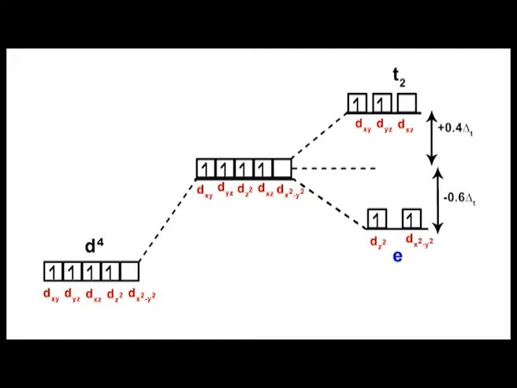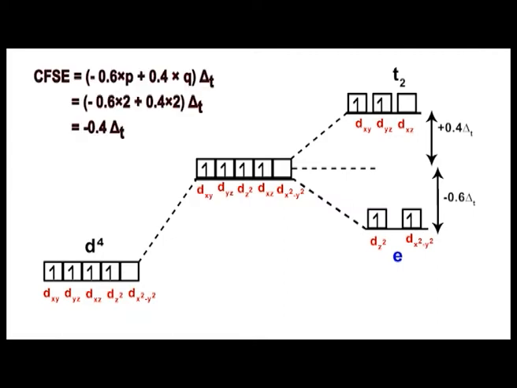It is obtained that two electrons are filled in the E set of orbitals, each of which is stabilized by 0.6 delta T, and two electrons will be filled in the T2 set of orbitals, each of which is destabilized by plus 0.4 delta T. So, according to the formula we have discussed earlier, CFSE should be equal to minus 0.6 into p plus 0.4 into q, times delta T, that is, minus 0.6 into 2 plus 0.4 into 2, times delta T. This will become overall minus 0.4 delta T.